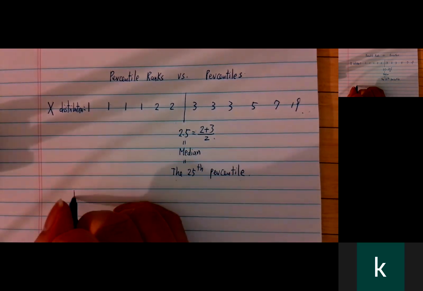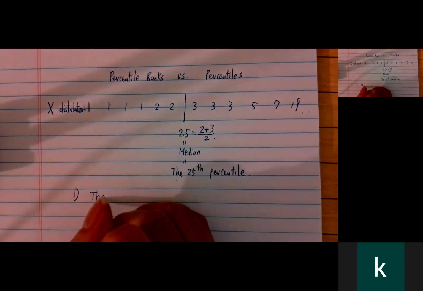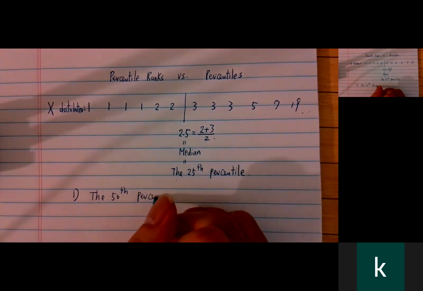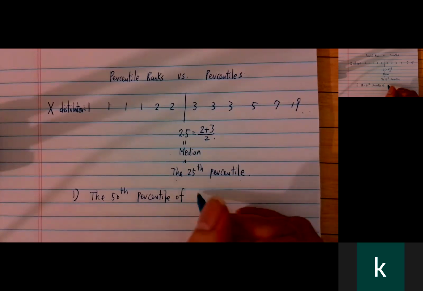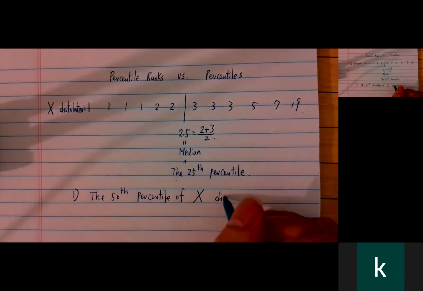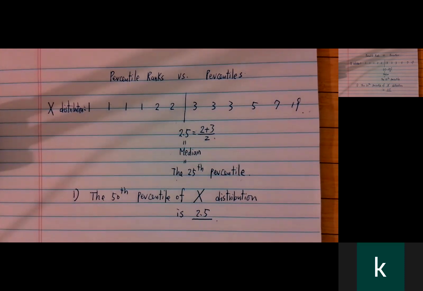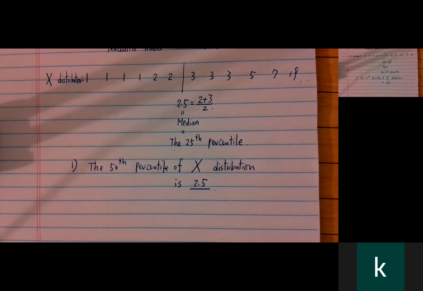So we say the 50th percentile of the X distribution is 2.5. Okay? But the same fact can be stated in a different way.